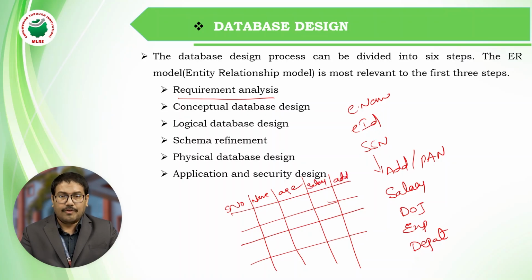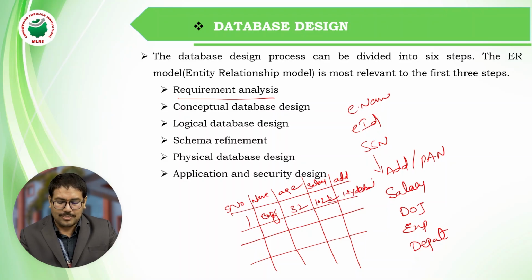So for example, I'm taking serial number one. The name of the employee is Bobby, age is 32, salary is 1.2 L, and address is Hyderabad.